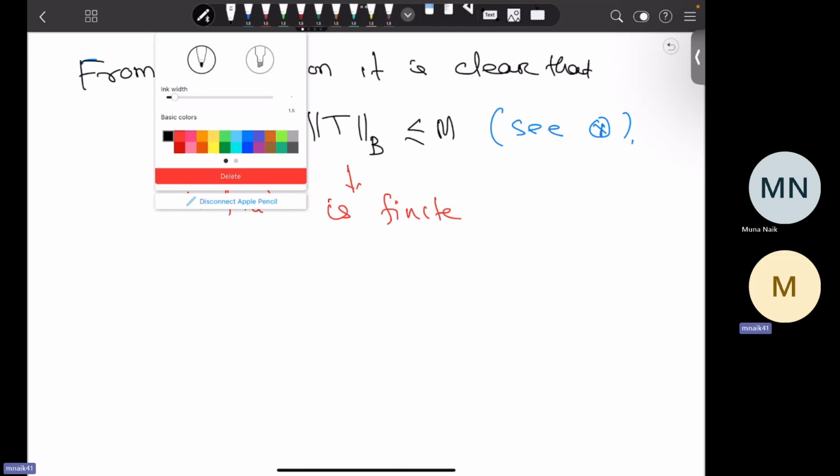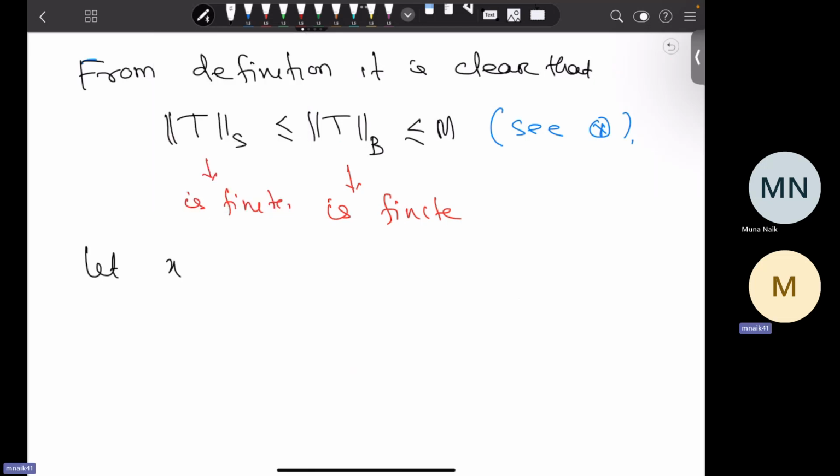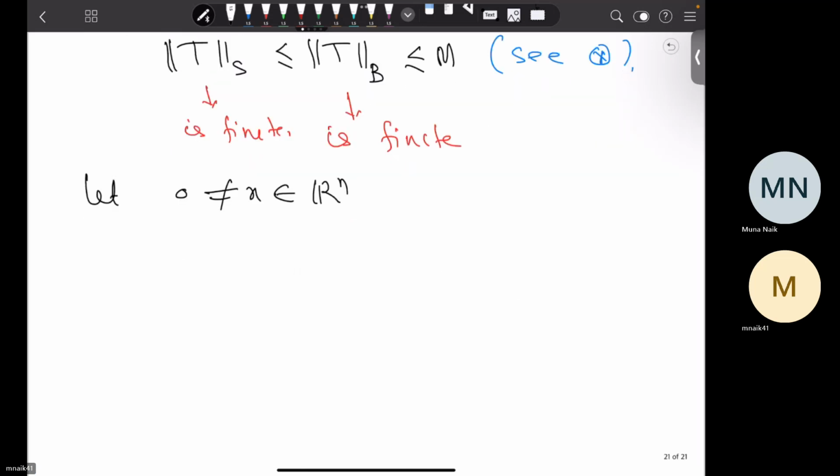So now let 0 not equal to x belong to Rn. Let y be equal to x by norm x. So this implies the norm of y is 1.